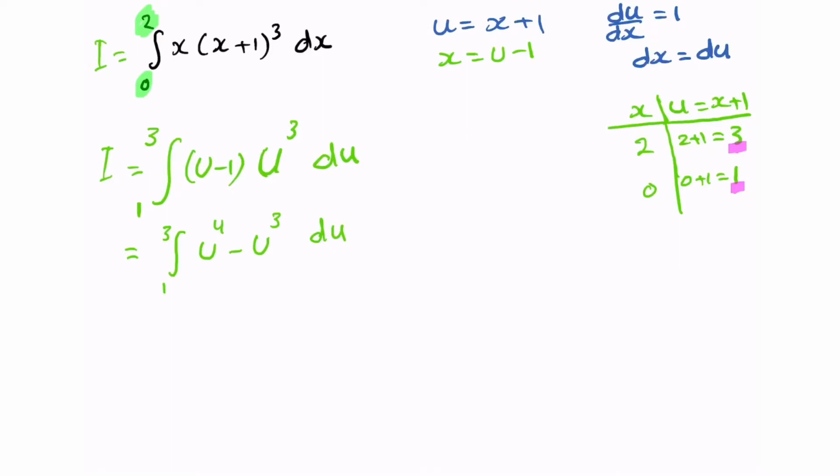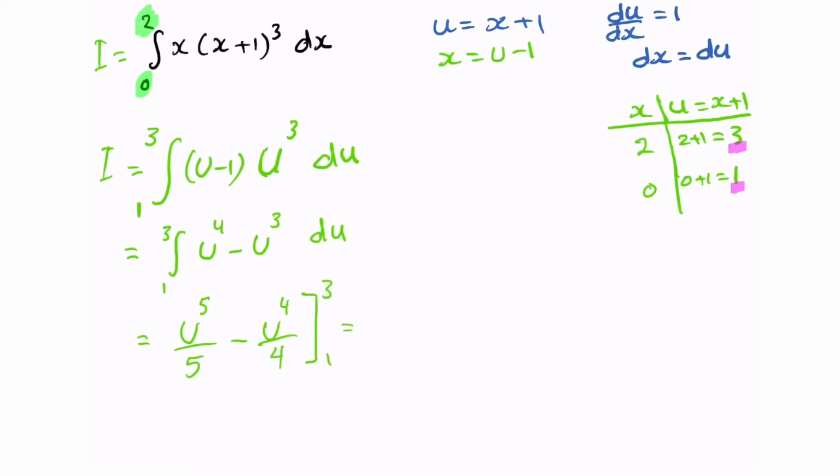So now I will integrate u to the power 4 minus u to the power 3 du. When we integrate, this is easy and simple now. So it is u to the power 4 plus 1, u to the power 5 divided by 5, minus u to the power 3 plus 1, u to the power 4 divided by the new power 4, and the limit from 1 to 3.